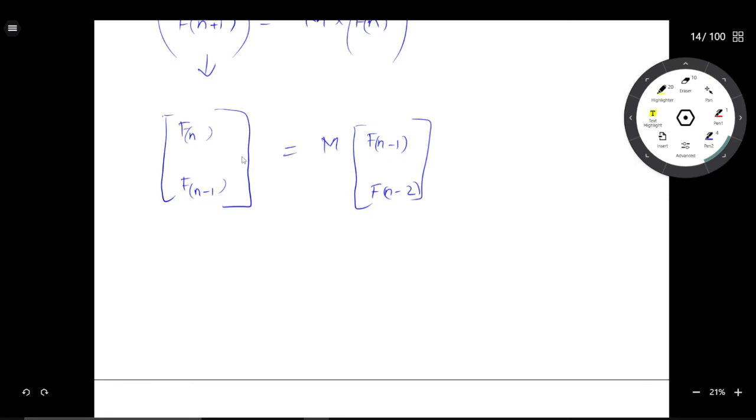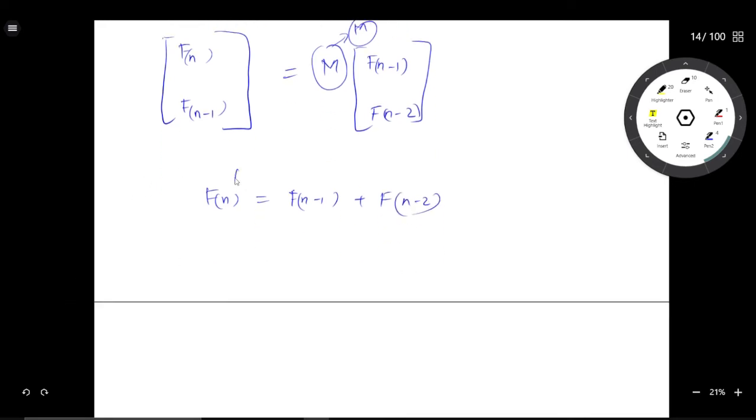Basically, what we want to do now is find this matrix M. We know that f(n) = f(n-1) + f(n-2), hence the nth term depends on two variables, 1 and 2.